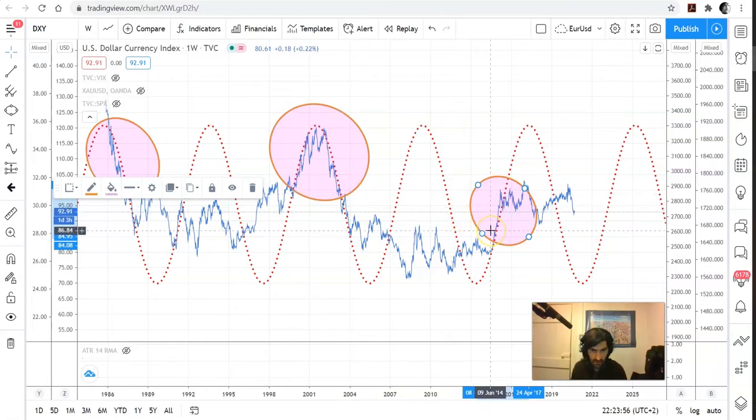Here we've got from June 2014 to about April 2015, so about a year. So a year, 3.5 years, a year. Let's say that between 1.5 to 3 years is what we expect the coincidence of price and the cycle to be.